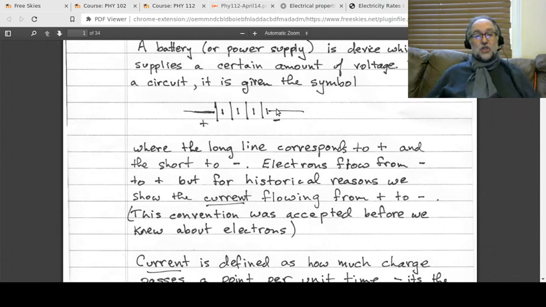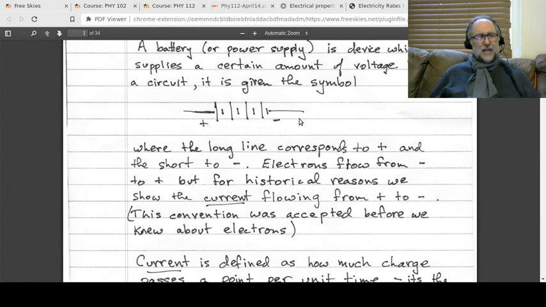So electrons are generated at the negative side of the battery, and they flow to the positive side. But we didn't know about electrons for maybe 100 years, until the Millikan oil drop experiment and the Crookes tube. Those were the two major experiments in which we discovered electrons. So unfortunately, today, conventionally, we always draw the current as flowing from the positive to the negative.